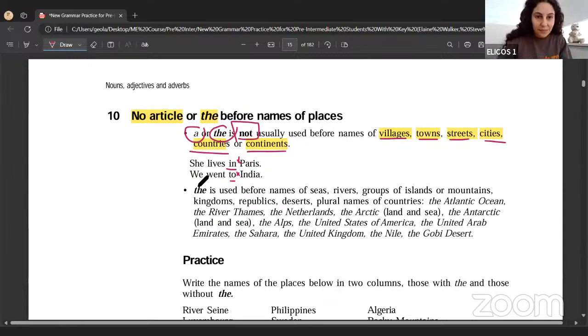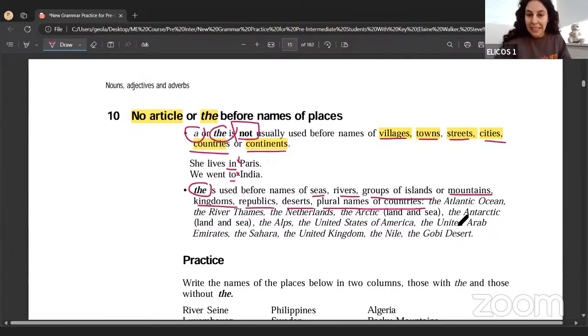So the is used before names of seas, rivers, groups of islands, mountains, kingdoms, republics, deserts, plural names of countries. Okay, so it's words like the Atlantic Ocean, the River Thames, the Netherlands, the Arctic, the Antarctic, the Alps, the United States of America, the United Arab Emirates, the Sahara, the United Kingdom, the Nile, the Gobi Desert.